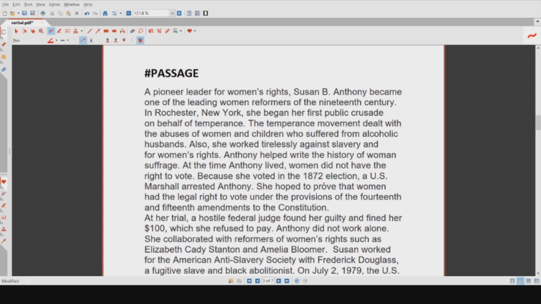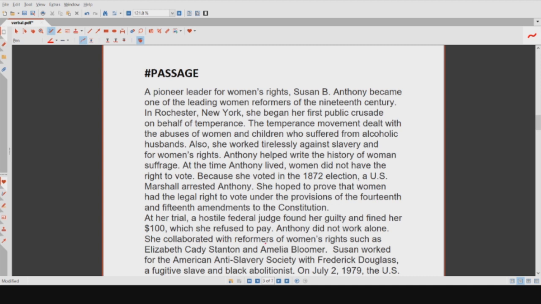Because she voted in the 1872 election, a US marshal arrested Anthony. She hoped to prove that women had the legal right to vote under the provisions of the 14th and 15th Amendments to the Constitution. At her trial, a hostile federal judge found her guilty and fined her $100, which she refused to pay. Anthony did not work alone.